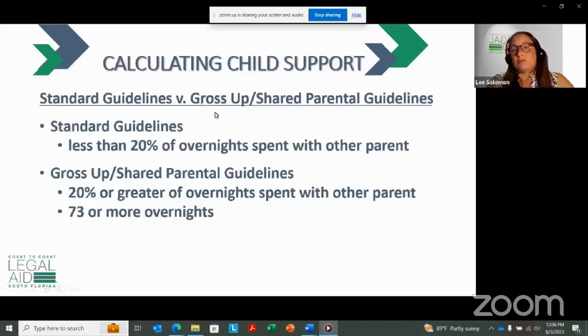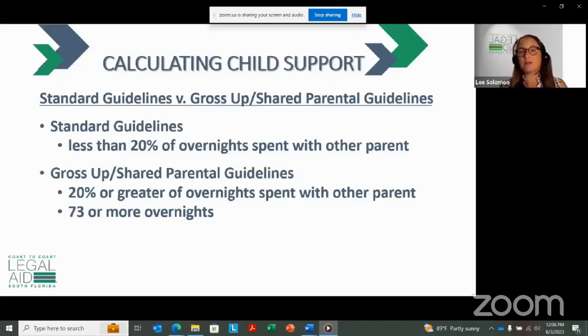So once you have the net monthly income for the parties, the next thing to look at is what's the time sharing arrangement. So there's two types of guidelines that the statute provides for. There's standard guidelines, and then there's gross up shared parental guidelines. So standard guidelines are used when there are less than 20% of overnights spent with the other parent.